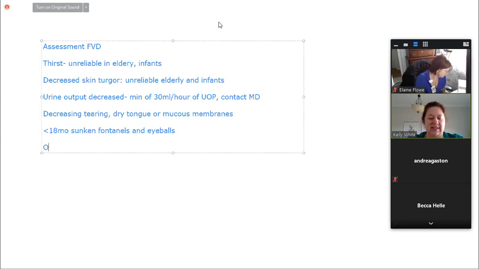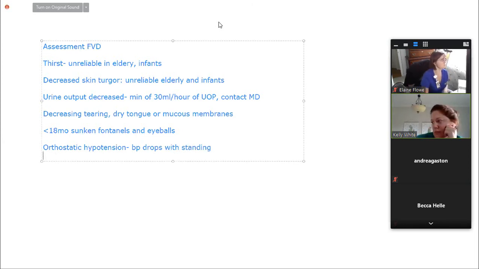You are going to see orthostatic hypotension. So that is when you stand up, your blood pressure is going to drop, right? So BP drops with standing. Then you're going to have signs of decreased cardiac output.